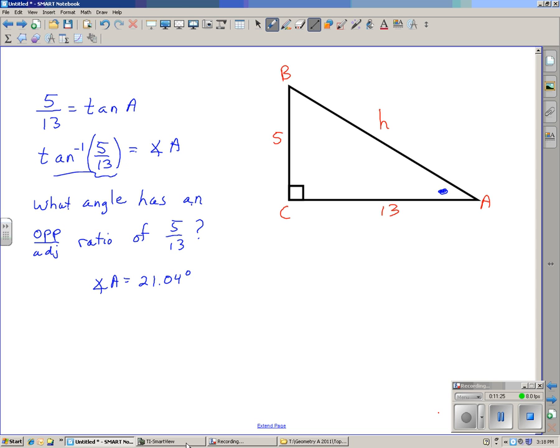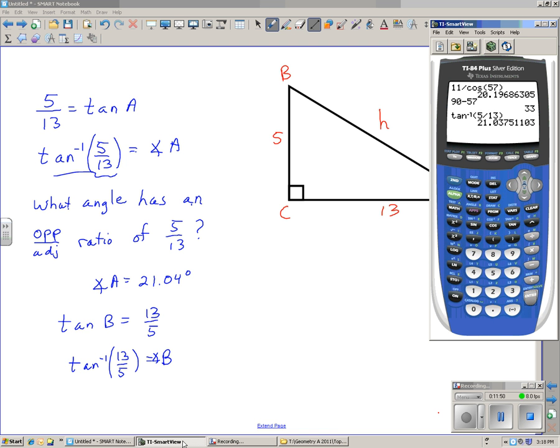I can find angle B two different ways. I can say the tangent of angle B is equal to 13/5, and again do inverse tangent of 13/5 equals angle B. I'll put the angle symbol in there, and I do that.